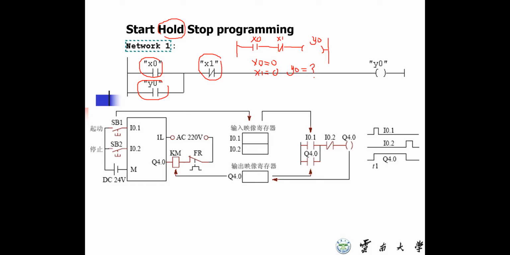Can you tell me why? Because X0 equal to 0 means this contact is open, not closed.